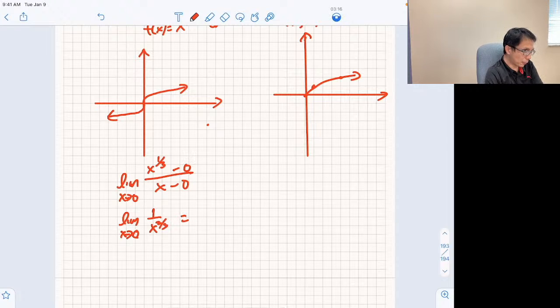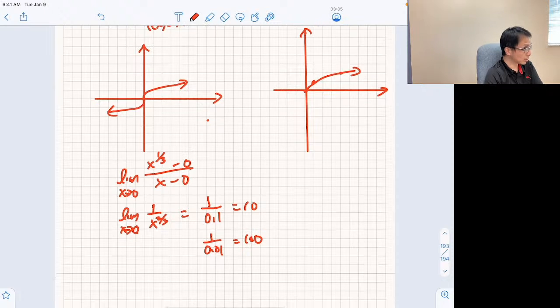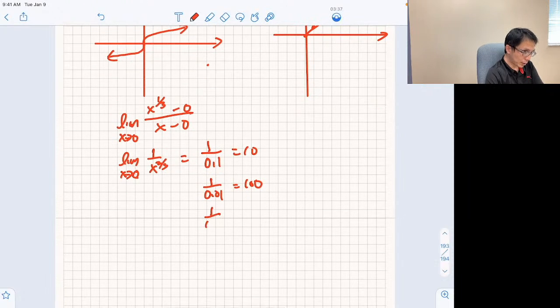If it's 1 over a small number, a number really close to 0, a good example would be 0.1, that's 1 over 0.1, so it's about 10. Does that make sense? 1 over 0.01 is going to be 100. 1 over 0.001 is going to be 1,000.